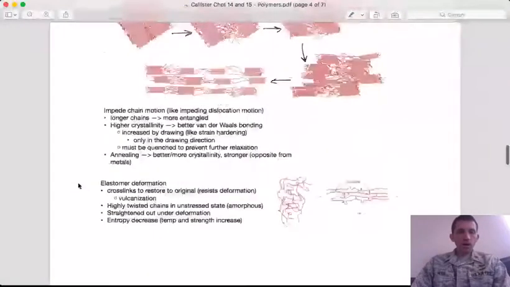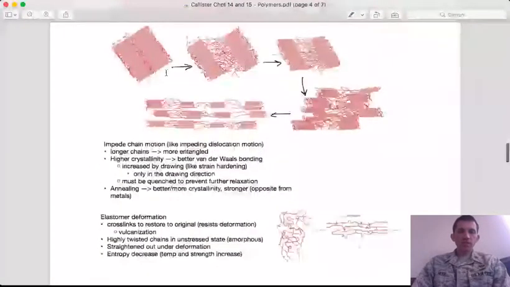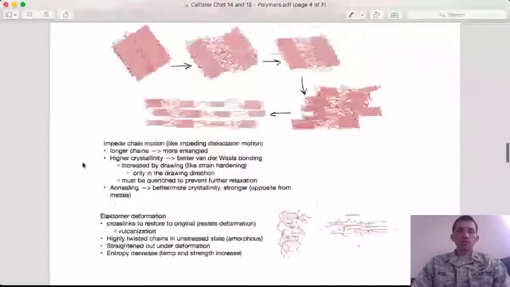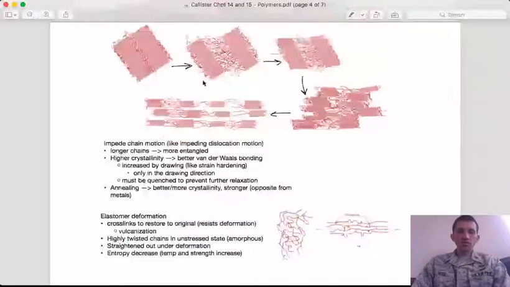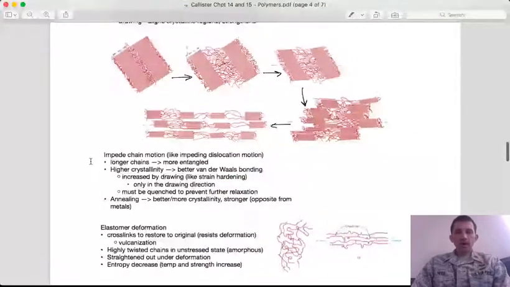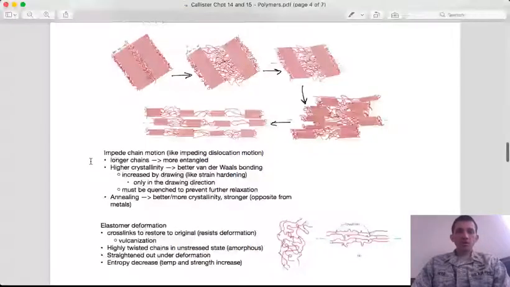So this is the mechanism of deformation, and if you want to strengthen a polymer system, then the key is to prevent this from happening. You can do so by altering the chemistry of the polymer before you make it in a number of ways.